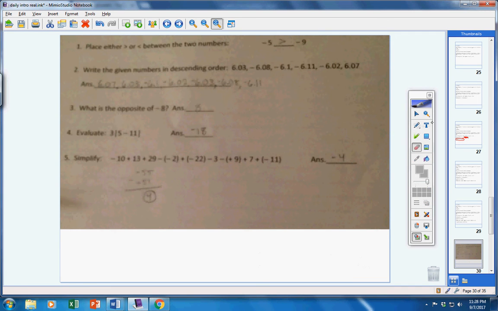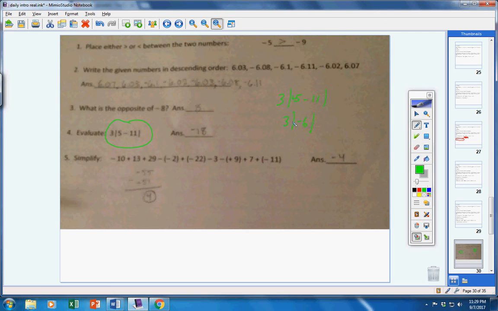The other mistake you made was very simple. Please watch carefully. Right here. Now we have 3 times the absolute value of 5 minus 11, or positive 5, negative 11. Now, Macy, you know that means 3 absolute value of negative 6. Now think about that. You put negative 18. Alright?